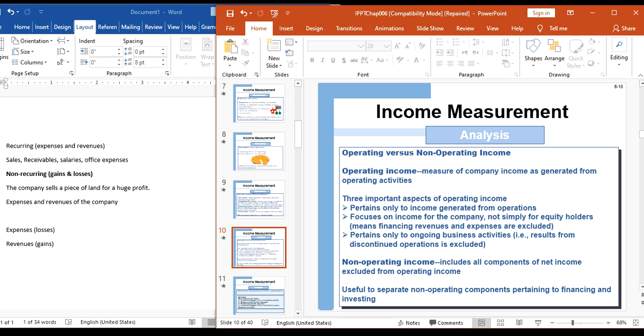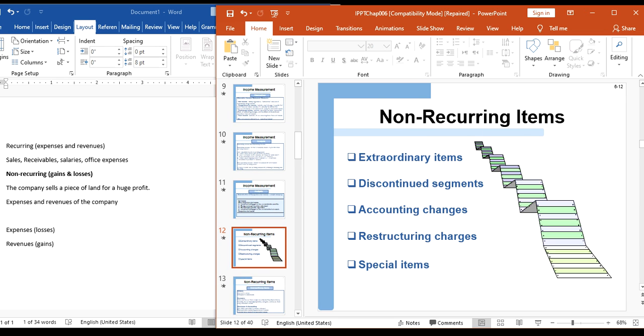So how is the net income of this company? Now we talked about recurring items. Now we are talking about non-recurring items, what is to be included and what are the examples of those.